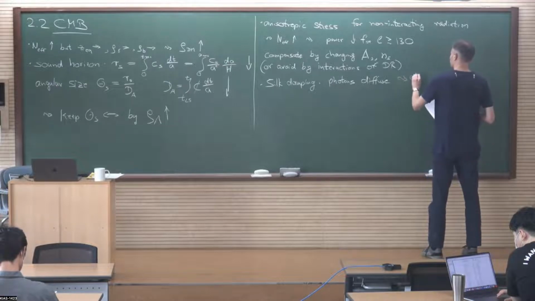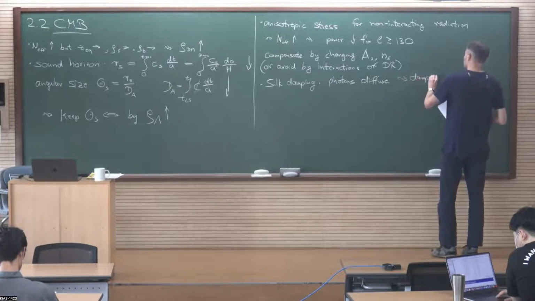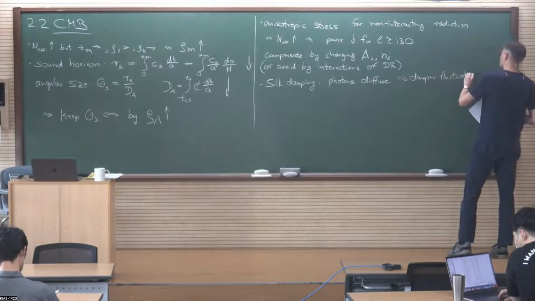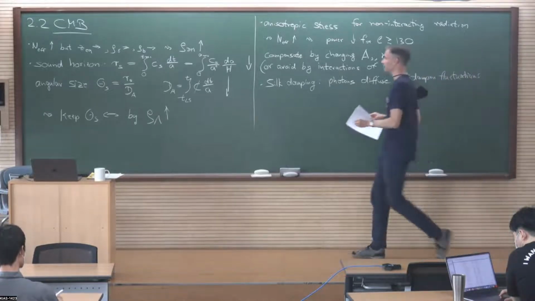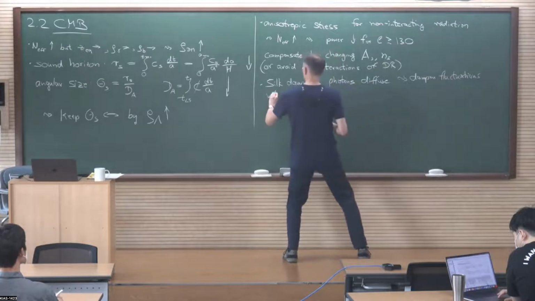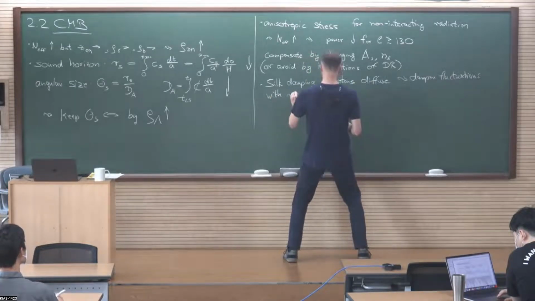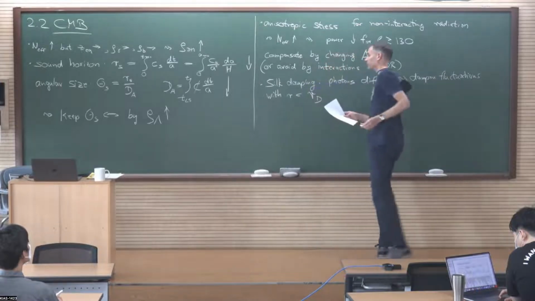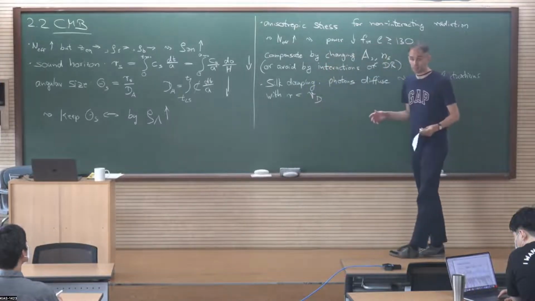So dampened fluctuations with a scale size less than the diffusion length RD.